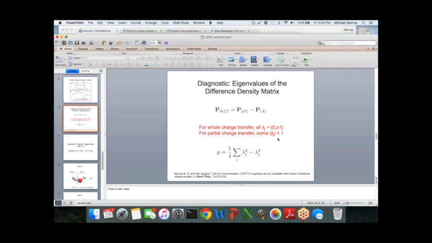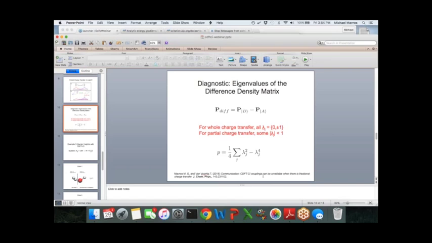And if there's partial charge transfer, some of the eigenvalues will have a magnitude less than 1. So as a simple way, you can just look at this sort of metric where you take sums of lambda squared minus lambda to the fourth in order to tell you if this thing is small, then we have whole charge transfer, and if this thing is large, then we have partial charge transfer.